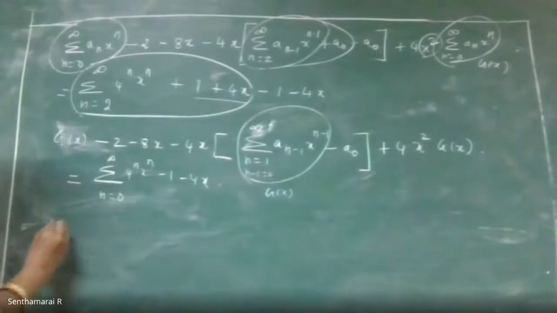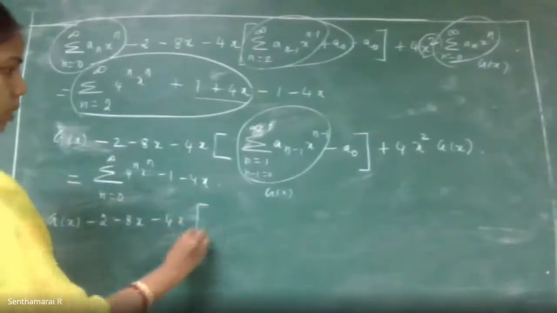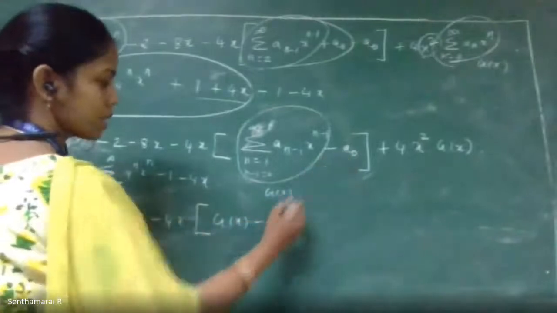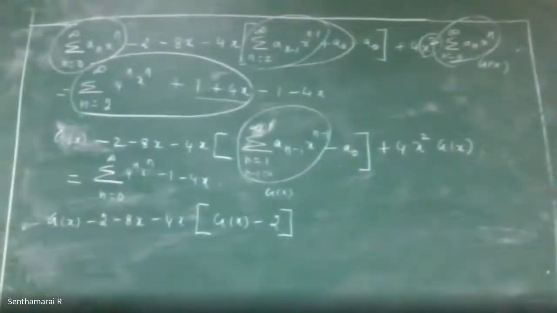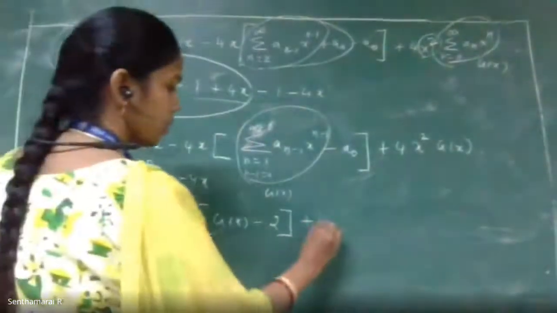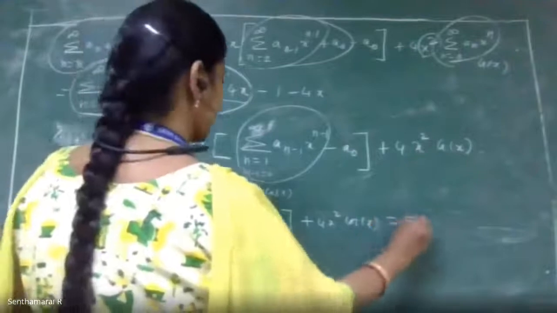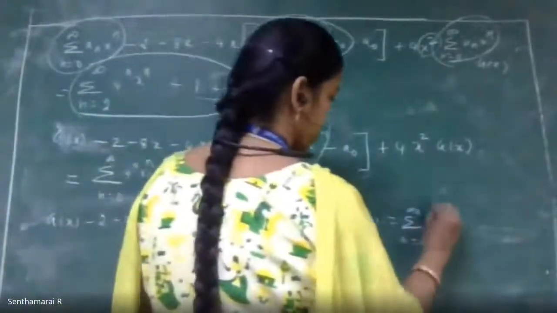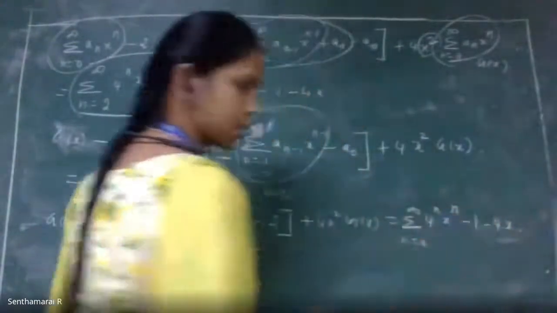Next, g of x minus 2 minus 8x minus 4x into this is g of x, minus this thing is nothing but 2. Why? Because a naught is given as 2. Plus 4x squared g of x equals summation over n equal to 0 to infinity 4 power n x power n minus 1 minus 4x.